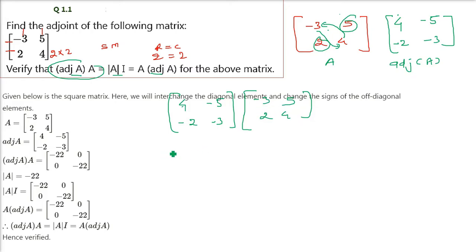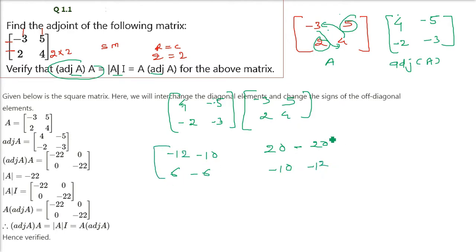4 into -3 is -12, minus 5 into 2 is -10. 4 into 5 is 20, and -5 into 4 is -20. Then -2 into -3 is 6, and -3 into 2 is -6. -2 into 5 is -10, and -3 into 4 is -12.